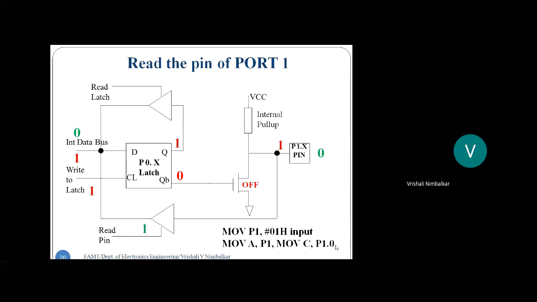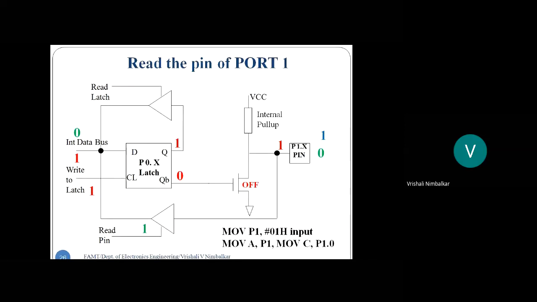Is that okay? Now, if instead of logic 0 we had given logic 1, look at the blue color. If the programmer or the user has connected this pin to VCC, the blue color is VCC, logic 1.